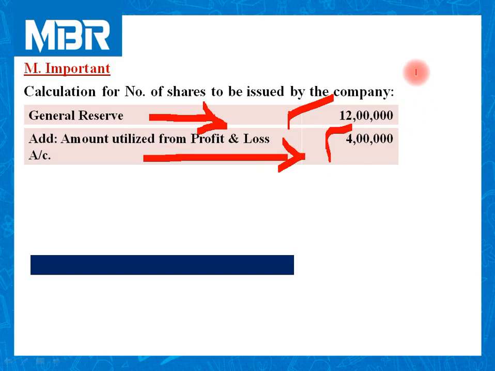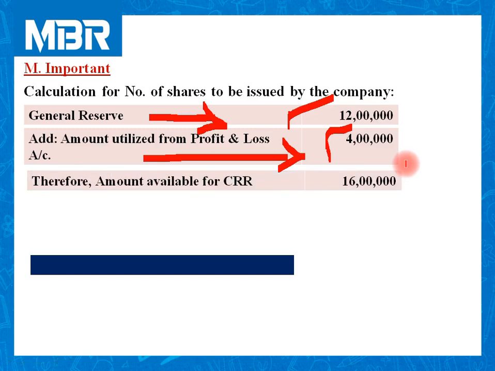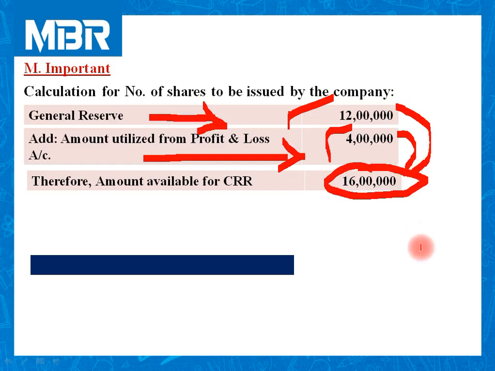We have 12 lakhs rupees in general reserve. We can utilize amount from profit and loss account to the extent of rupees 4 lakhs. So we have the total amount available for CRR, because we can transfer these 12 lakhs to CRR and these 4 lakhs rupees to CRR.